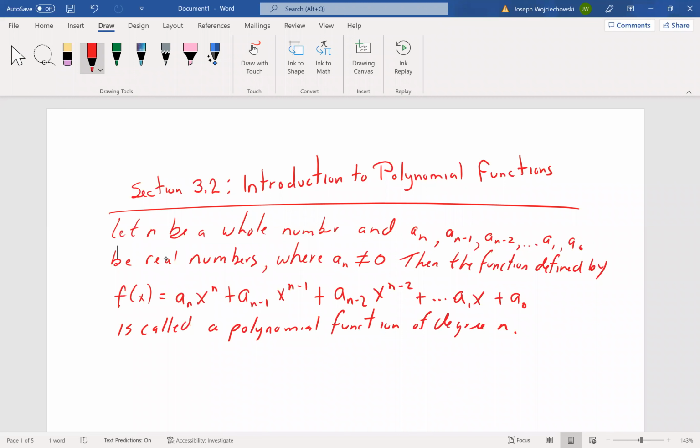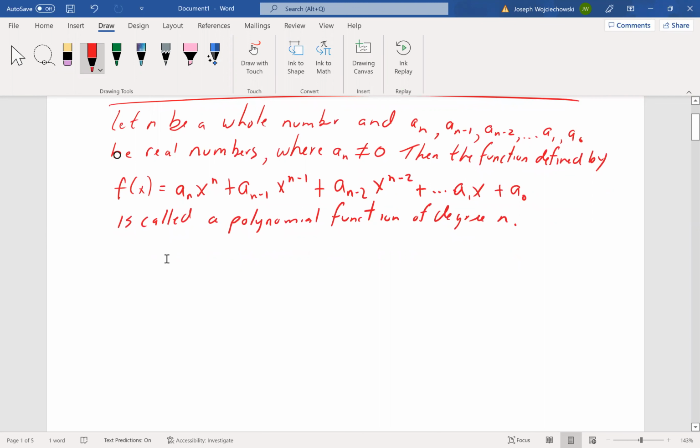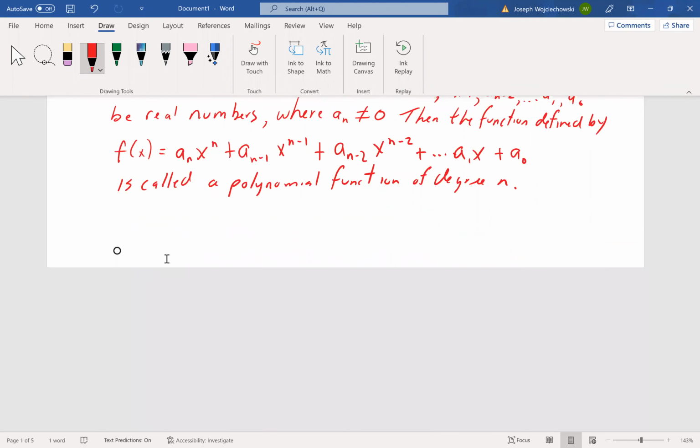So we've looked at quadratic, which would be degree 2. So let's look at some other ones here. Let's look at some concepts with this.